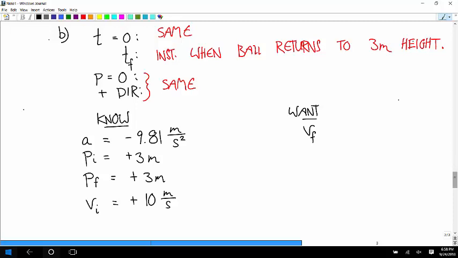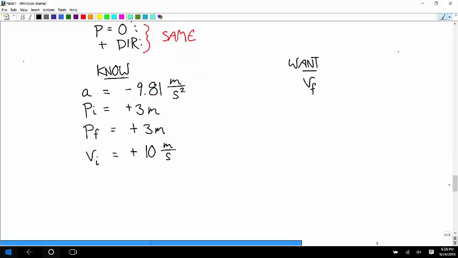Okay, so is there an equation that works with these? Second one again, yep. So we're going to use 2a times the quantity P final minus P initial is equal to VF squared minus VI squared.